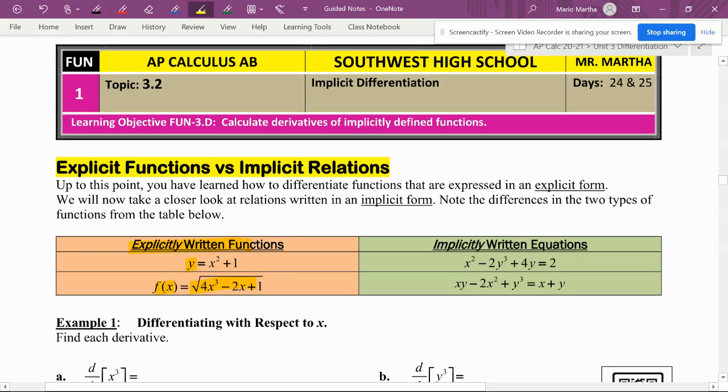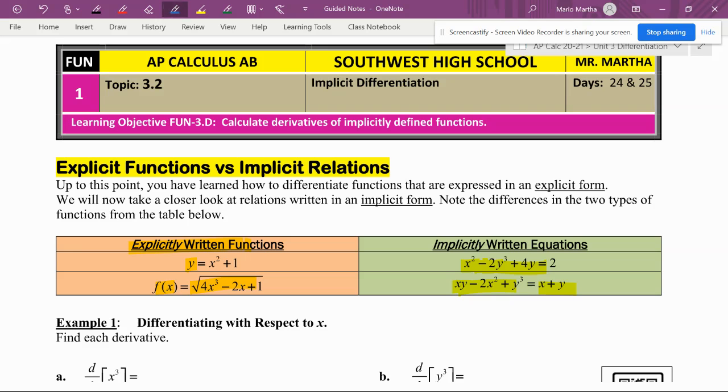So you have functions that are exclusively dependent on x. Over here, you have actually a combination of both, right? You have x and y both on the same side. You even have a combination of them multiplying on both the left and the right side of the equations. So in this case, it's not solved for y. So you have a combination of both.